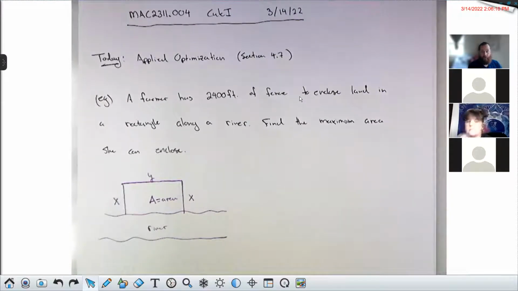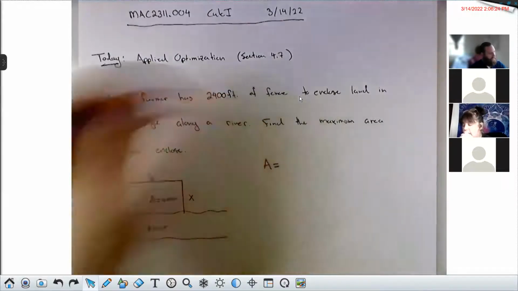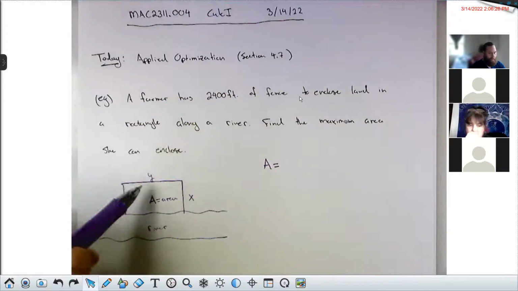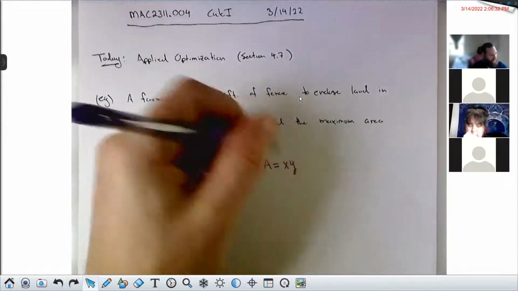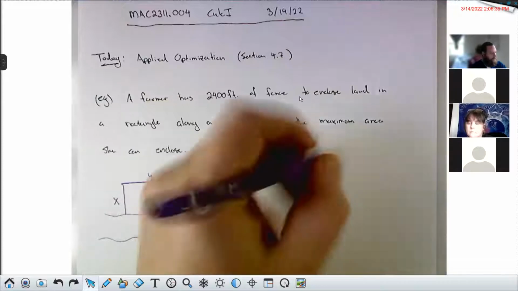So we should find a formula for the area. Well, the area of a rectangle is just its length times its width, right? So that's X times Y. And this is the thing you're trying to maximize.